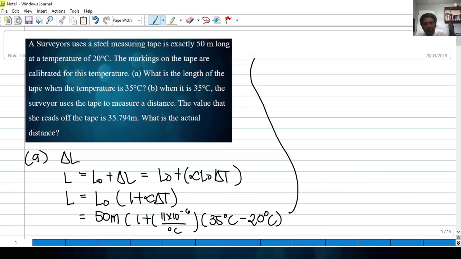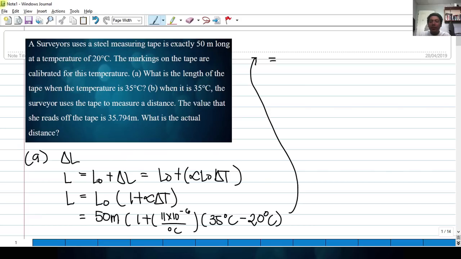If we compute that, we arrive at the answer: 50 times 1 plus 11 times 10 raised to negative 6 times 35 minus 20.